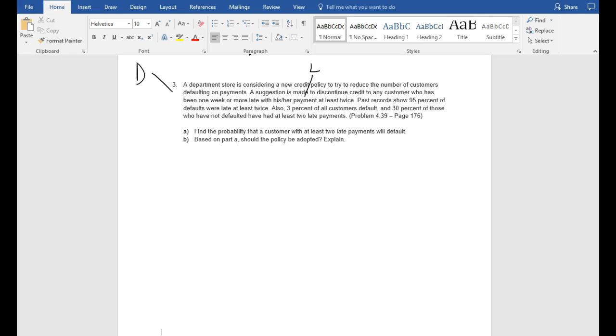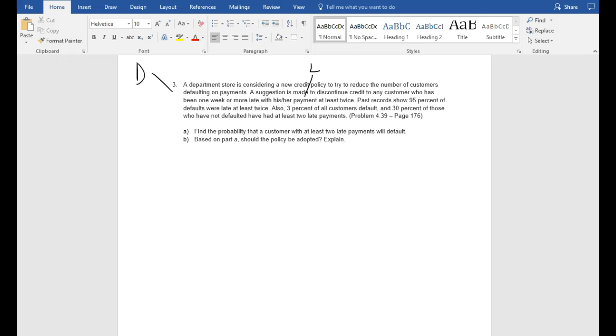A suggestion is made to discontinue credit to any customer who has been 1 week or more late with his or her payment at least twice. So considered late. Past records show 95% of defaults were late at least twice. Okay, 95% of defaults were late at least twice.